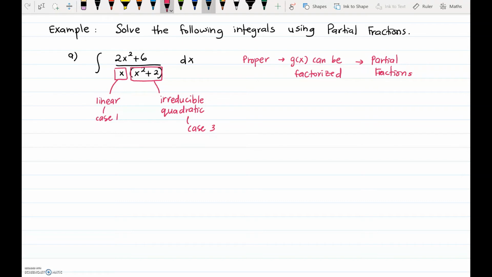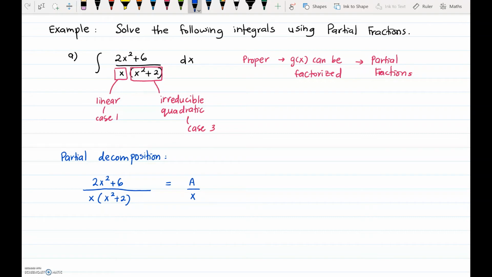Let's see the partial decomposition. (2x² + 6) divided by x(x² + 2). When you set up the partial decomposition, for the first one, the linear factor, it will be A over x. Remember, if your denominator is linear, then your numerator will be a constant, a number.